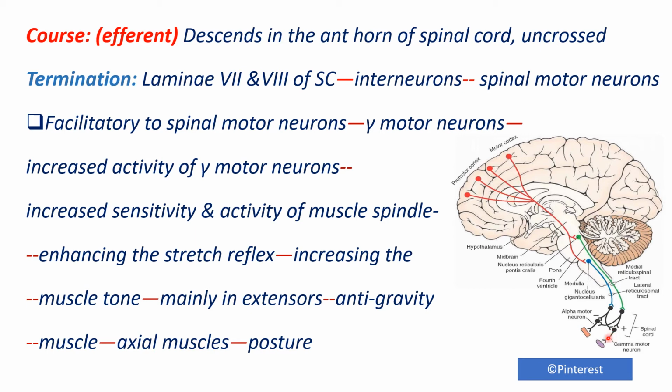When they are stimulated, the sensitivity of the muscle spindle increases, which stretches the central polar region and enhances the stretch reflex. The signals through the annulospiral endings go on increasing, go to the extrafusal muscle fibers, and they contract. So there is an increase in muscle tone, that is, a partial state of contraction at rest, mainly in the extensor, anti-gravity or axial muscles, leading to the maintenance of posture. So this is responsible for tone and posture.